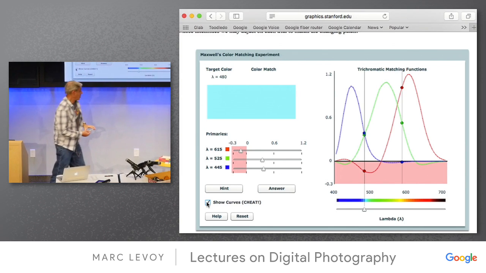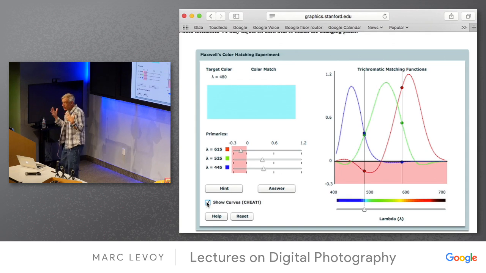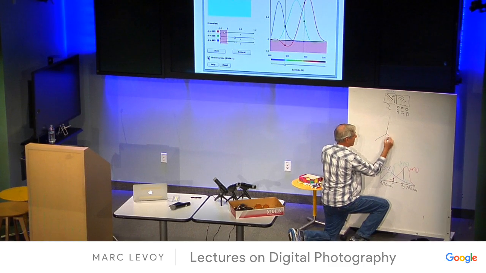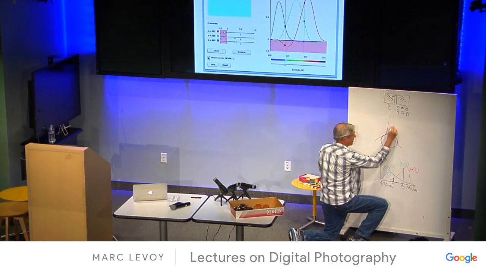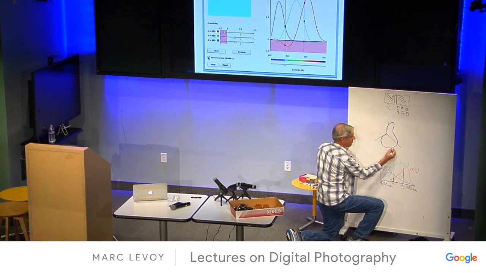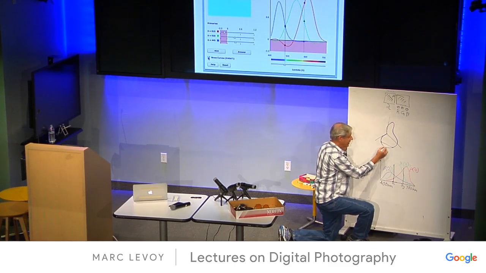And so we can think about this already because we were looking at the 3-dimensional diagram, remember? And we had the locus of spectral colors. And then we said that if you had 2 wavelengths, never mind the third one, you could get anything on the line between that, but you couldn't get this.